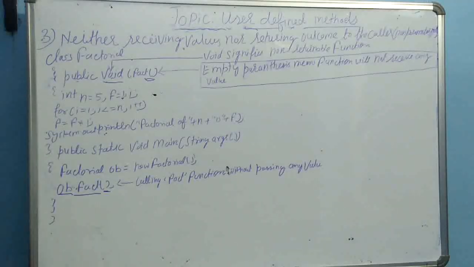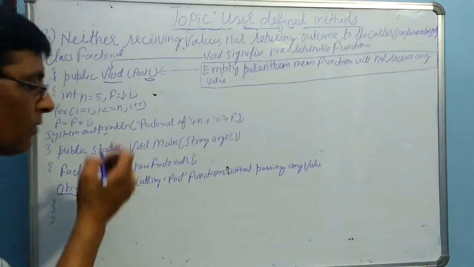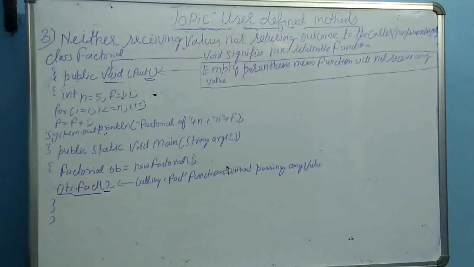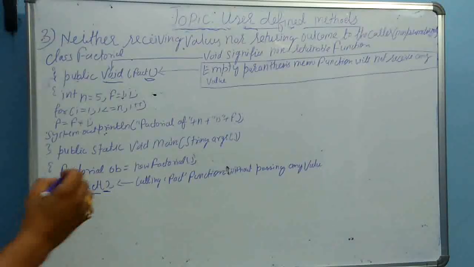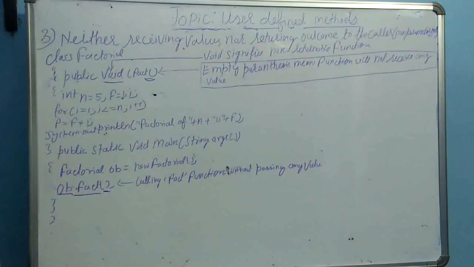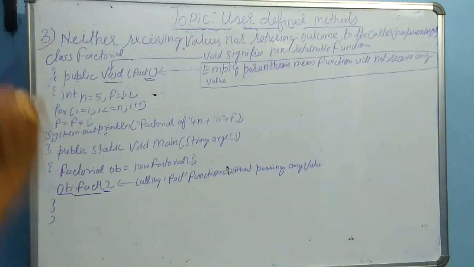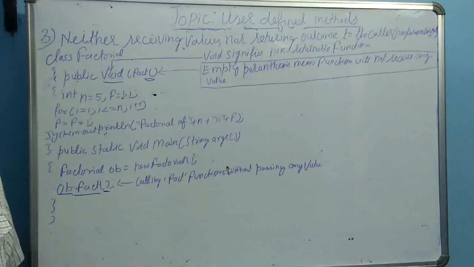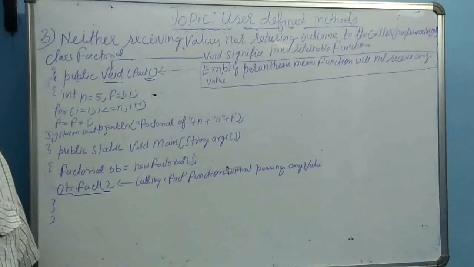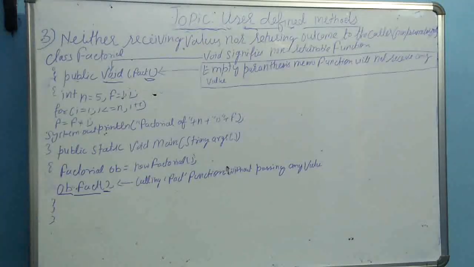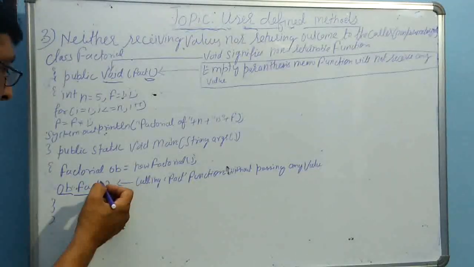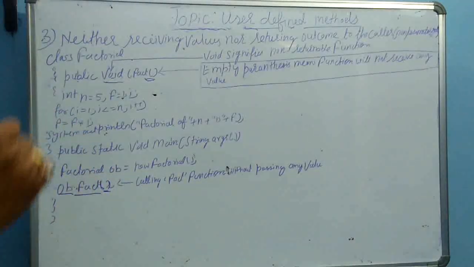One more time I will repeat. ob fact function, the empty parenthesis, means the caller does not pass any value to the function, because this is empty. It will not pass any value.